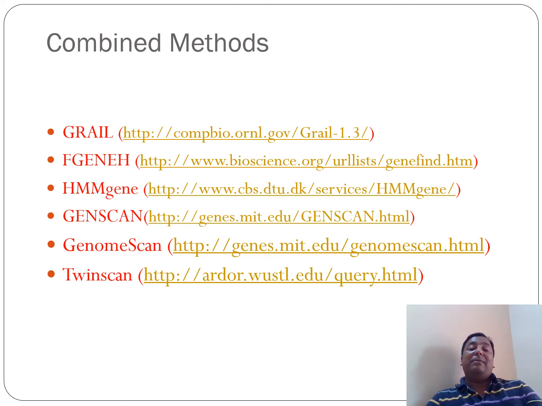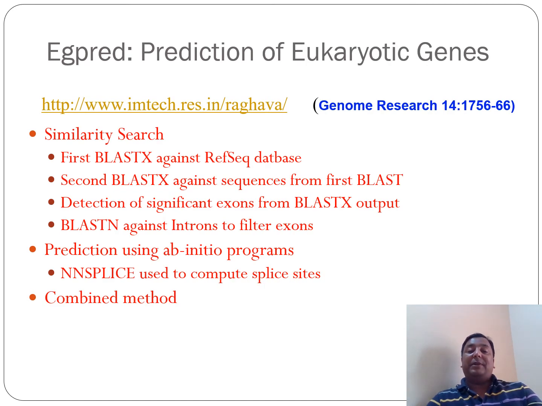So combined methods are also there, and their resource URLs I have mentioned here. Please use these programs, and if you feel any difficulties you can approach me anytime, right? One of the familiar tools is maintained by a scientist known to me, who is very familiar at national and international levels, Dr. Raghava from IMTech.